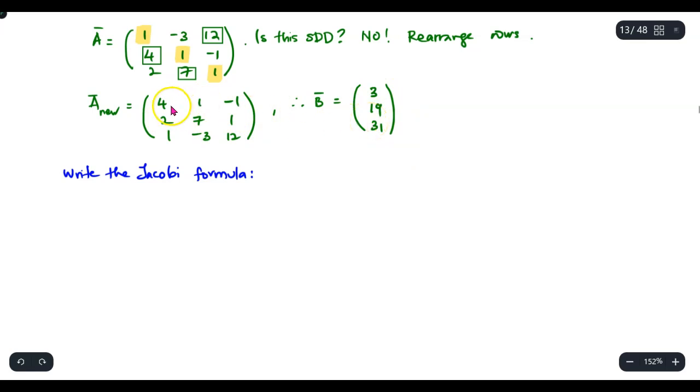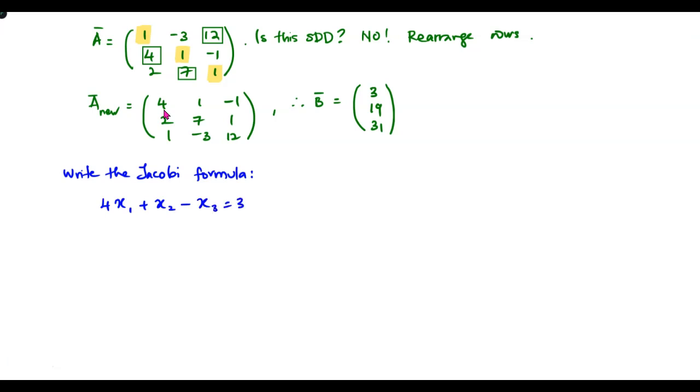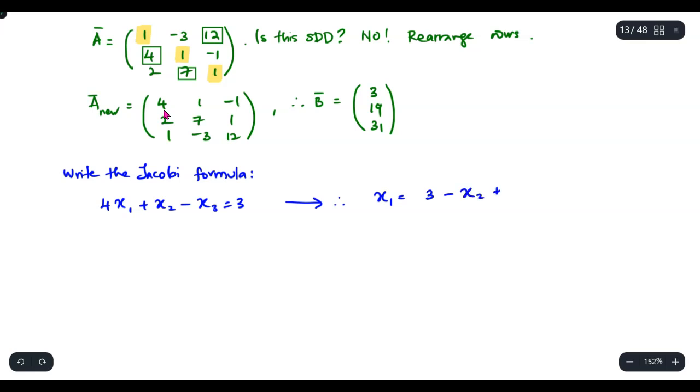So we know that at the first row, we have 4x1 plus x2 minus x3 equals 3. If we isolate x1, we have x1 equals 3 minus x2 plus x3 over 4. That is the formula for x1. From the second row, we have 2x1 plus 7x2 plus x3 equals 19.